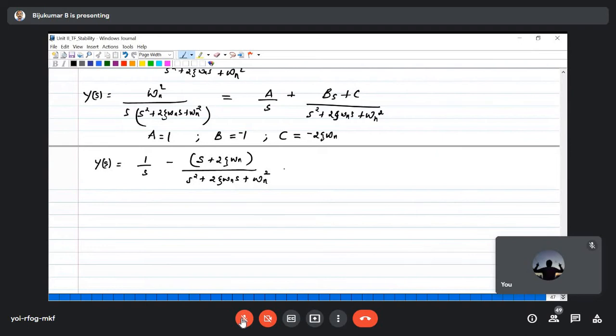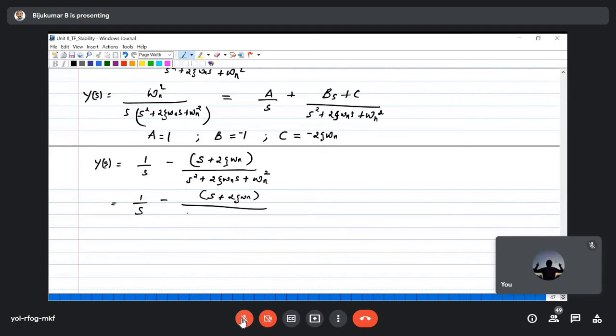So in order to solve this, we can do some mathematical analysis here, and we can convert this part into some general equation form, right? So what I'm doing is, the numerator part I'm writing as it is.